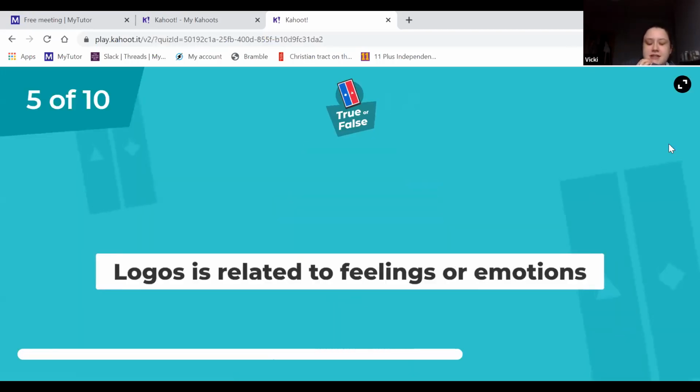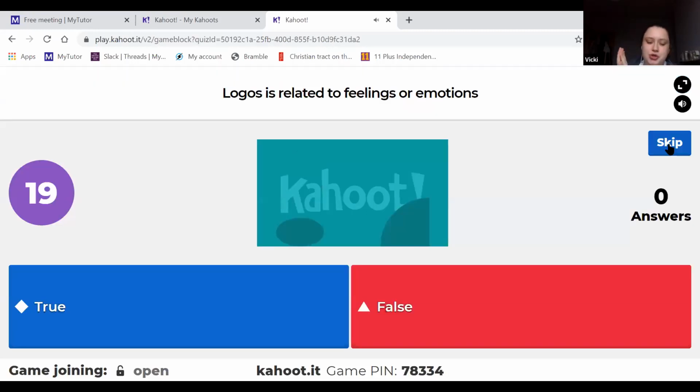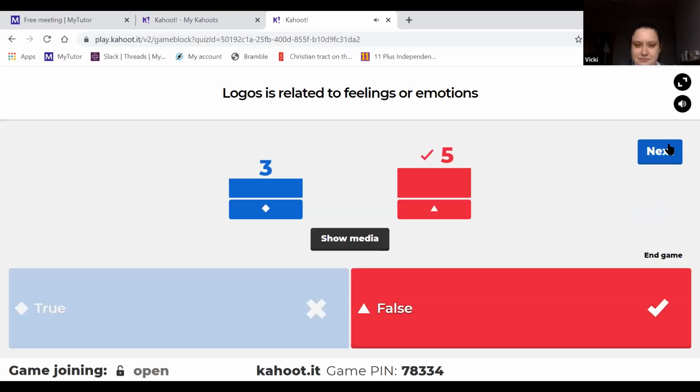Logos is related to feelings or emotions, true or false? I've been a little bit kinder with this one. False. So pathos is the one to do with feelings or emotions.